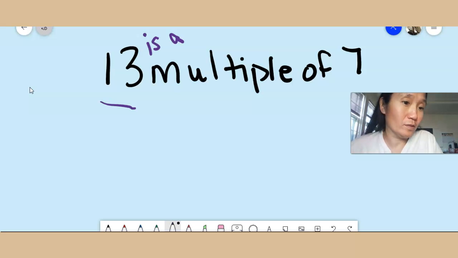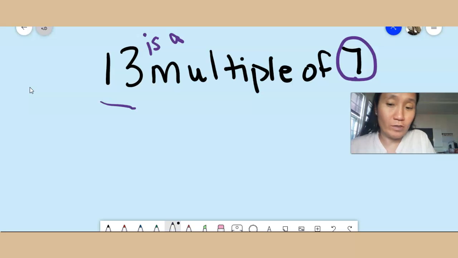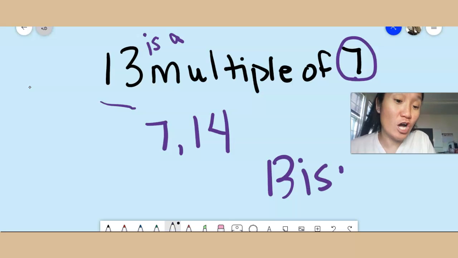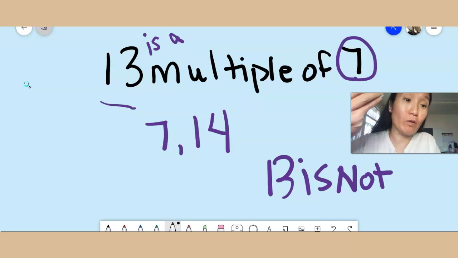Is that true? If I skip count by 7, will I ever hit 13? 7, 14, no. So 13 is not a multiple of 7. 7 multiplied by anything will never hit 13.